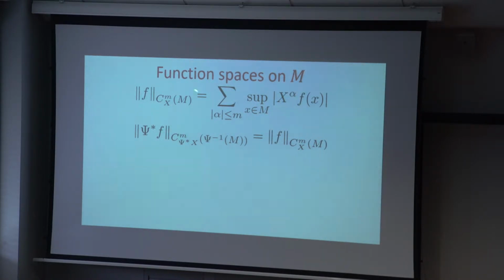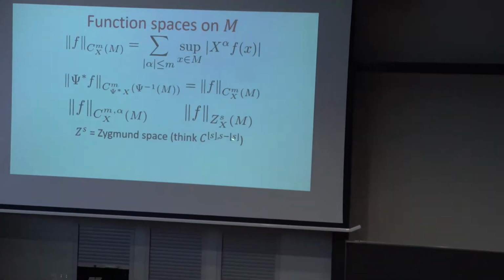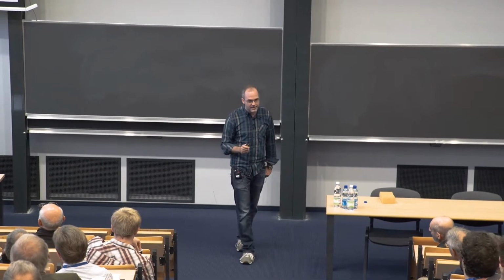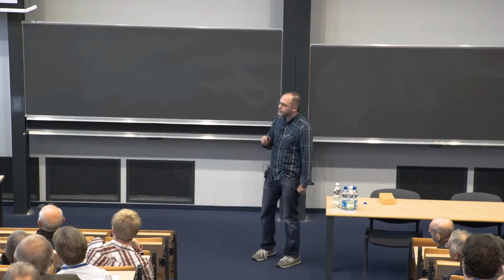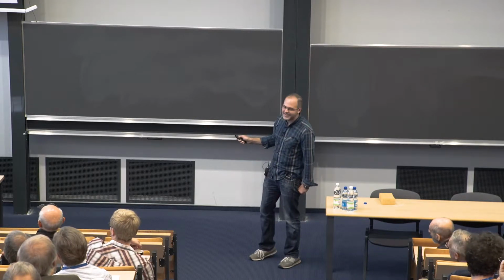All right, so those are the spaces Cm. You might believe that I can also define the appropriate Holder spaces. I won't write it down, but it's not hard. And maybe you'll even believe I can define the appropriate Zygmund spaces. Now, if you don't know what Zygmund spaces are, it's okay. Just think of Zygmund spaces as Holder spaces. So ZS, think of it as CS.